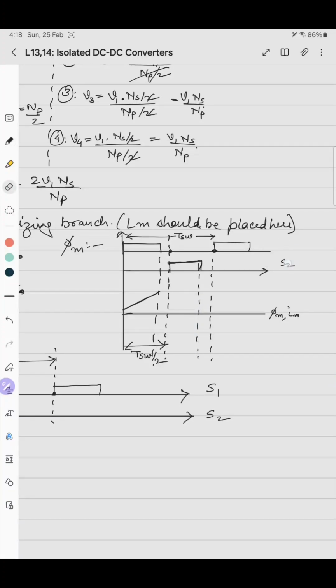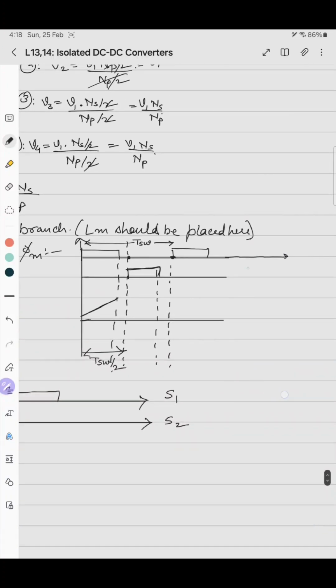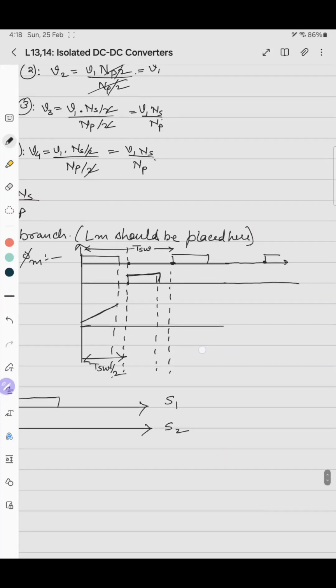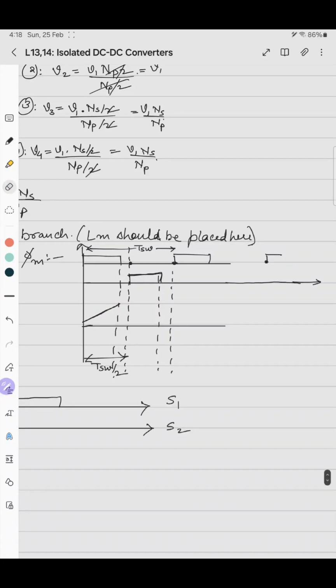I'll draw like this. Yeah, this is again another cycle. This is the second switching period, and this is again half of this switching period.